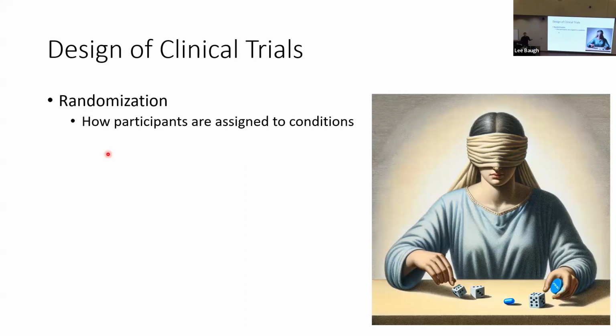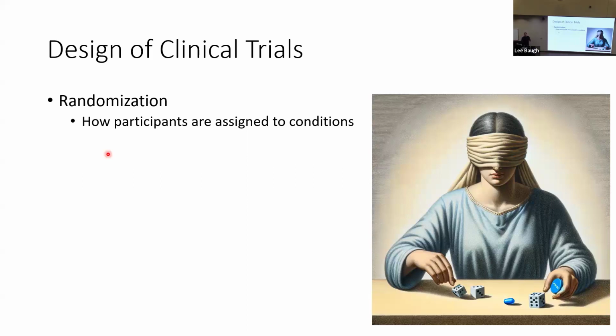A good example of this would be if the first 5 people that sign up for the study you put in the treatment condition, and the next 5 you put in the control condition. Well, what you've done now is confounded their eagerness to participate. Maybe the first 5 people, because of their eagerness, are more likely to stick to the treatment, or more likely to follow directions, or have better compliance than the second group.